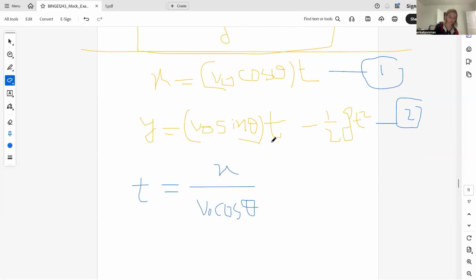Now what we need to do is replace that value of t in equation 2.